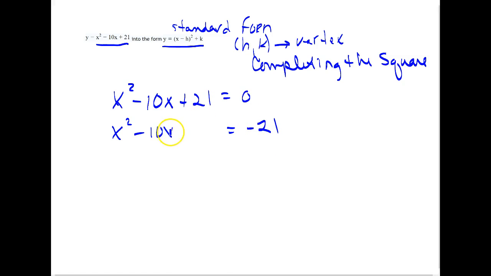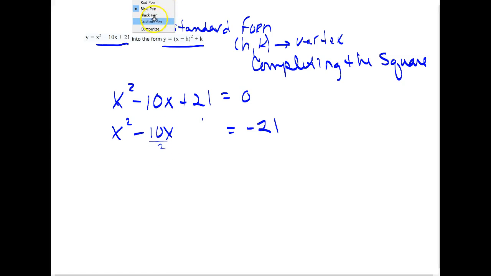And I left a little bit of space here for a reason, because in completing the square, what we do is we take half of this middle term. So I'm going to divide this by 2, and that's going to give me 5.